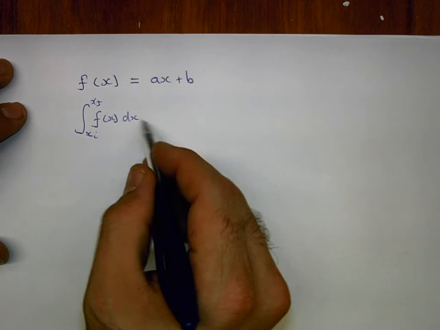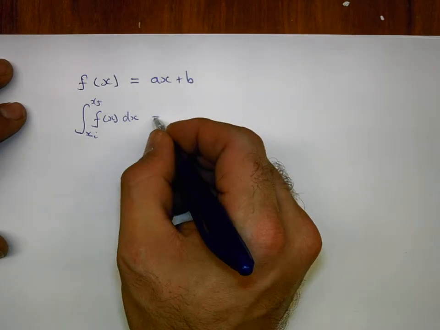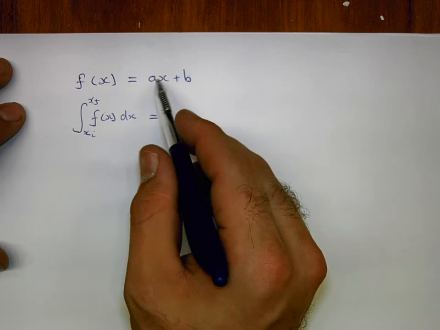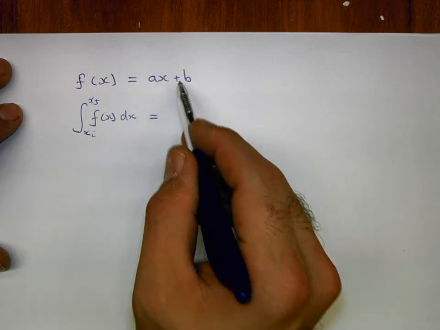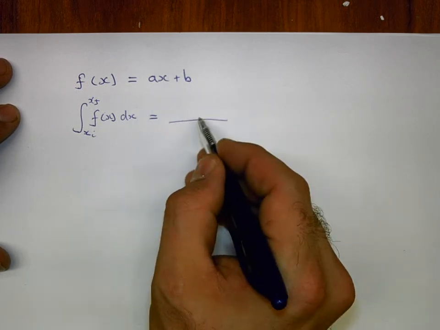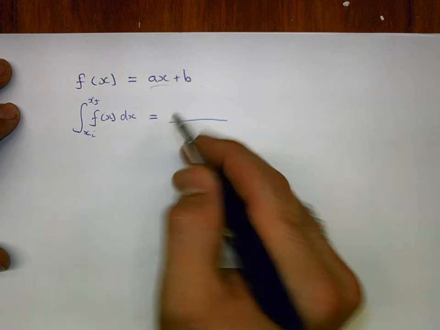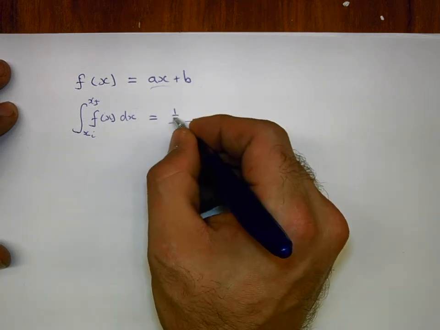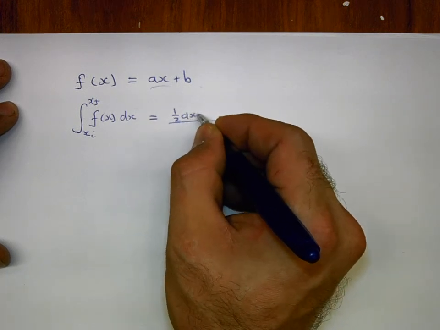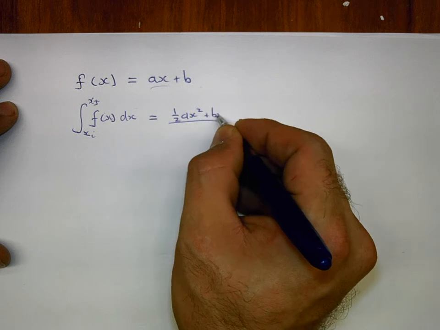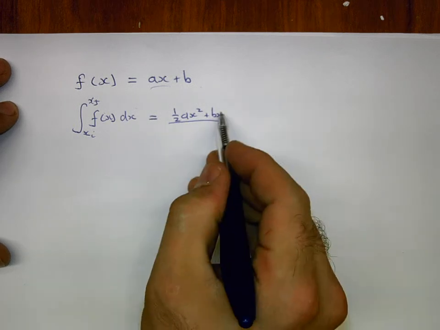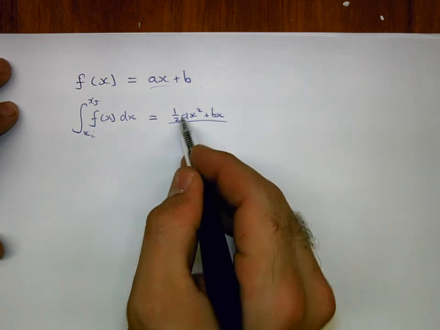How we calculate this is, okay, I know that whatever I write over here, if I differentiate it, I must get this. So if I were to take a half times ax squared plus bx, and take the derivative of this with respect to x, I would just end up with that.